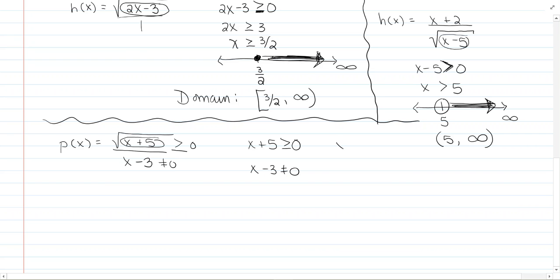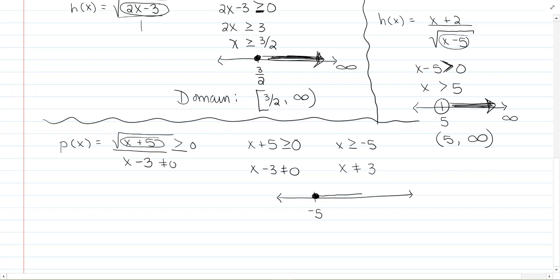Solve for x. So x has to be a number bigger than or equal to negative 5. X can't be 3. All right, so bigger than or equal to negative 5, solid dot.